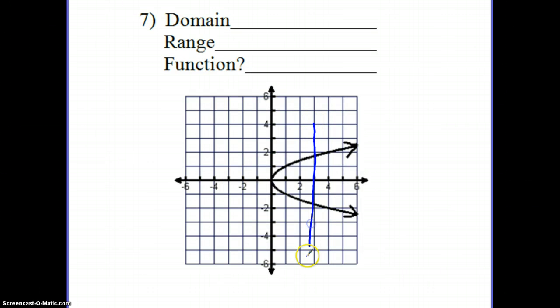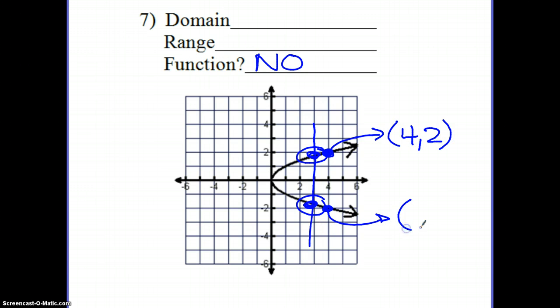Right away we can see, oh, draw my line, I've got 2 hits, therefore no, not a function. If you're going to name these 2 points here, this point would be (4, 2) and that point would be (4, -2).